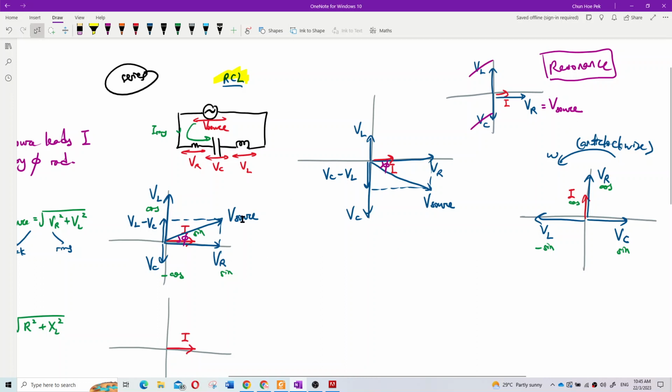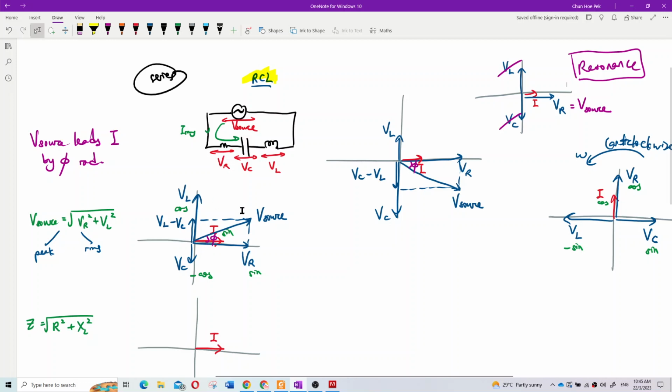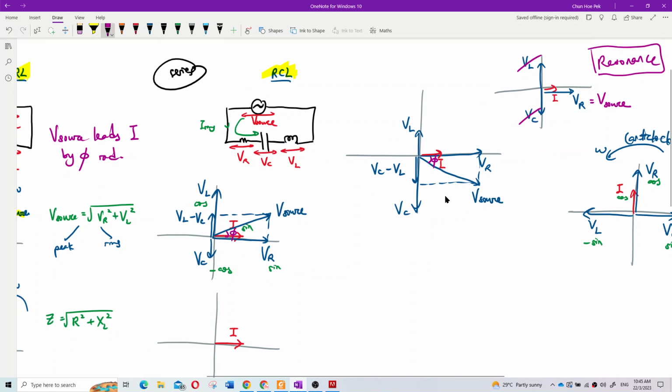Now you can see the difference. If VL is longer, then V source leads current. If VC is longer, then current leads V source. Let me write it out.